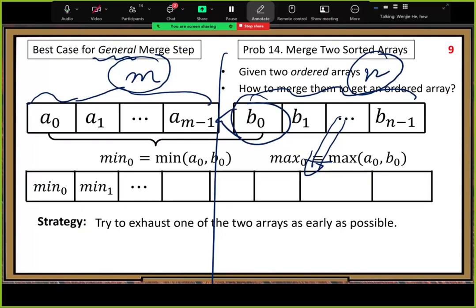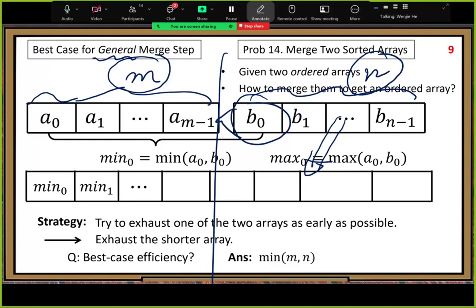But here you only have two cases to consider. Which subarray do you want to exhaust? The shorter subarray. So the answer for the best case efficiency is the minimum of m and n.